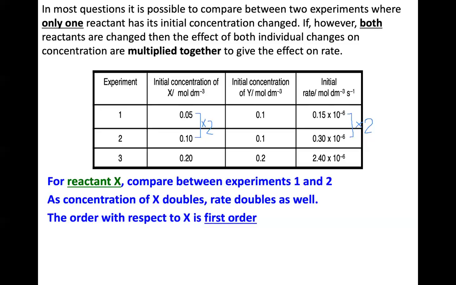Like instead of 0.15 to 0.3, it goes from 0.15 to 0.2. It doesn't double, but it increases. Yeah, so if that is from the experiment, 0.2 is closer to 0.15, right?